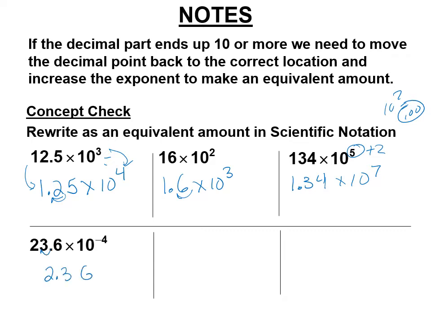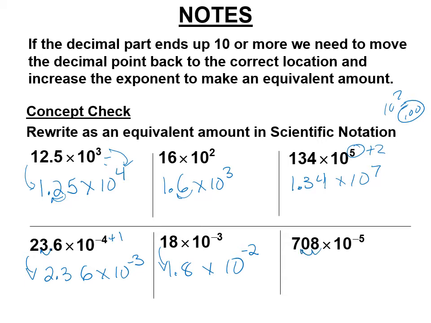Now notice, we've got to make this one bigger, right? Because we're making this smaller. So what's 1 bigger than that? 10 to the negative 3rd. All right, so this is 1.8 times; we made this smaller, we have to make this bigger, negative 2nd.